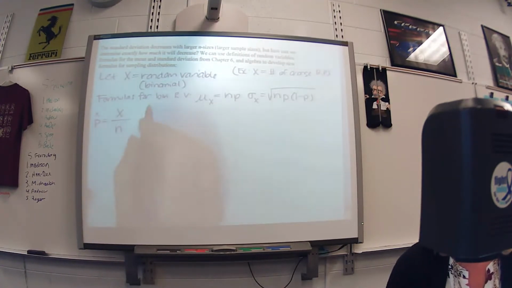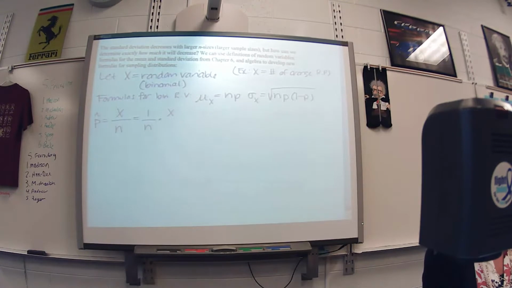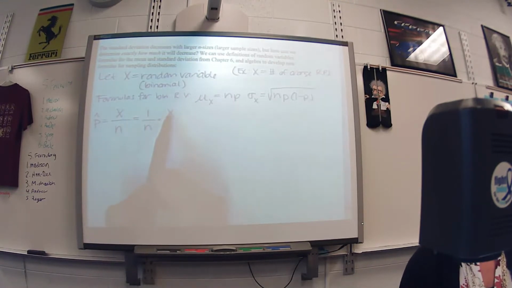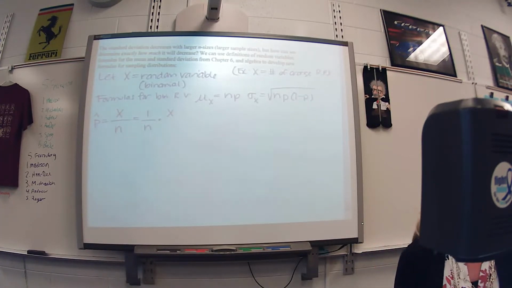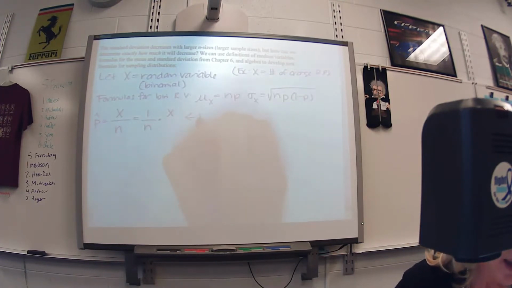So what I'm going to do is break this apart. Do you agree that x over n would be the same as 1 over n times x? Because x times 1 would give me x, and then there's an n on the bottom. By writing it like that, what I've now done is set it up as transforming a random variable.